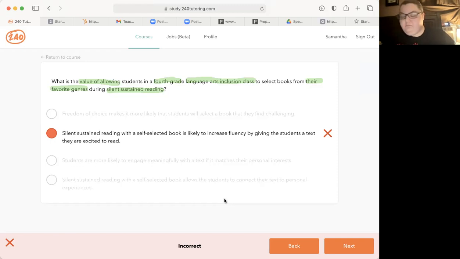Instead of saying we're all going to read this book, allowing them to choose something their brain has a genuine curiosity for, because they chose it, they get that natural buy-in.